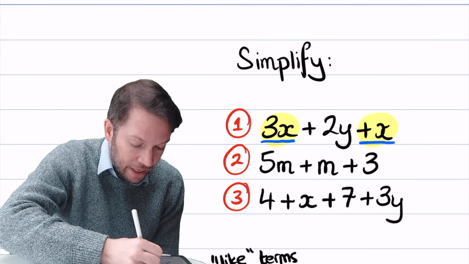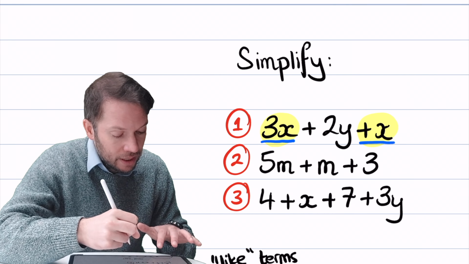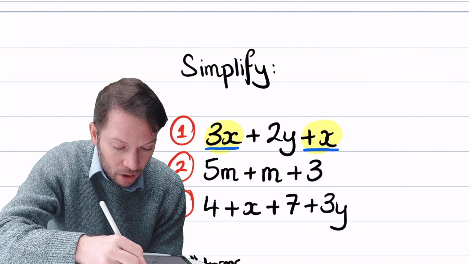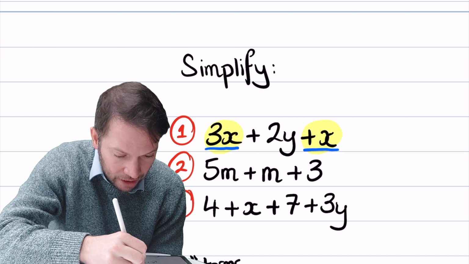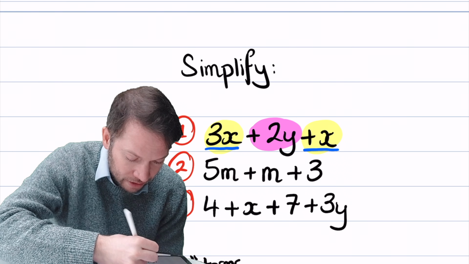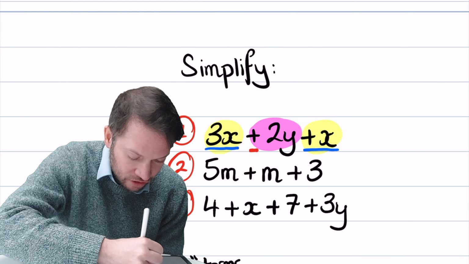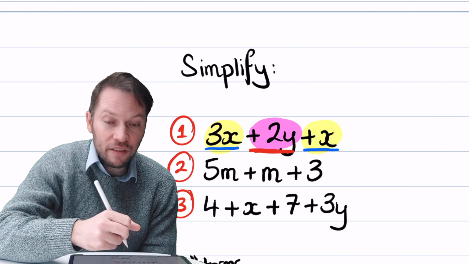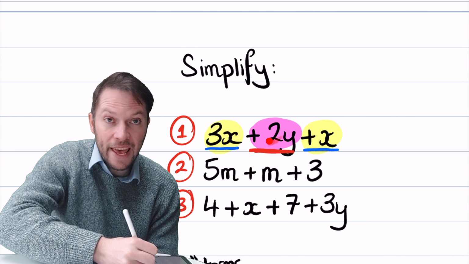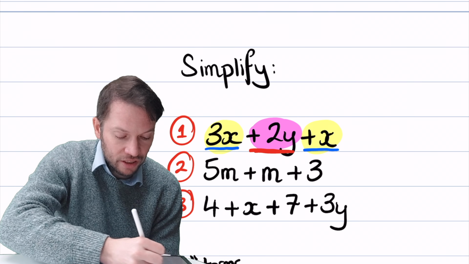So we've got the 3x and we've got the plus x. And then what is the other like term? Well, I can see the y term here, with the plus in front of it. So let's just underline it. You might not have a highlighter, so just underline these. And that's not a like term with these x's. So I can't collect the 2y with these terms here.